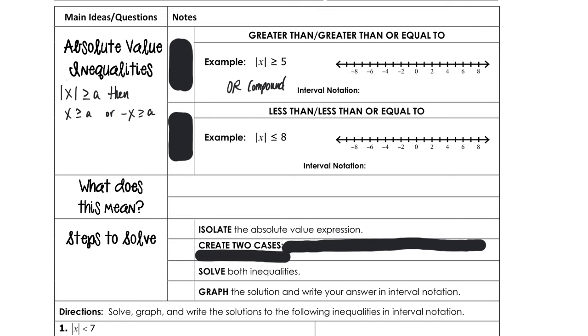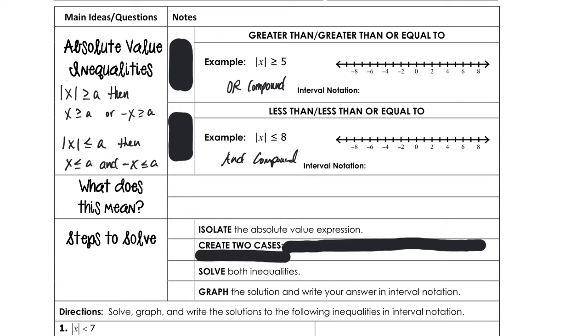So what you need to get out of today is that the greater than is an OR compound inequality, but if you have the absolute value of X less than or equal to A, then X is less than or equal to A, and the opposite of X is less than or equal to A. So if it's a less than, it's an AND compound.